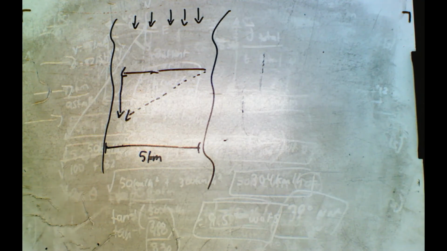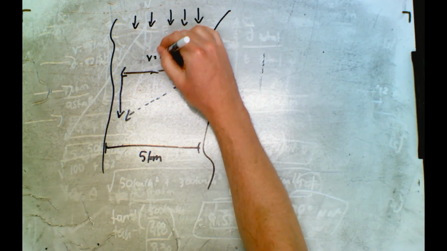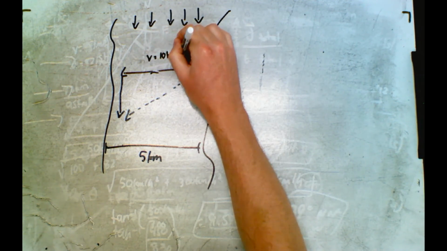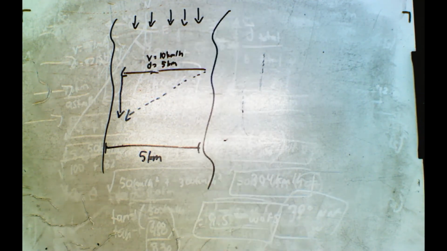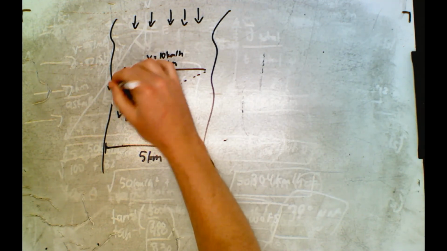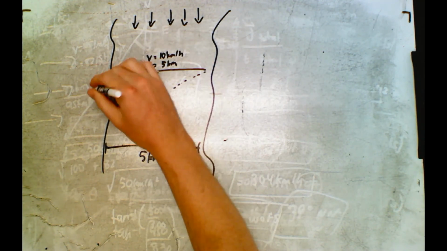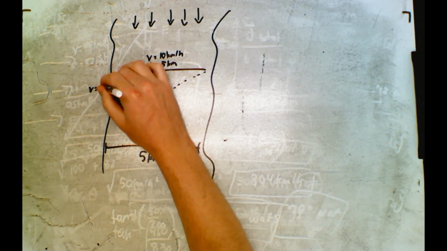So we can fill in some numbers here. It says that the speed of my ferry this way is 10 kilometers per hour. My distance this way is 5 kilometers. Oops, let me give myself a little bit more room. The speed of the current is 2 kilometers per hour.